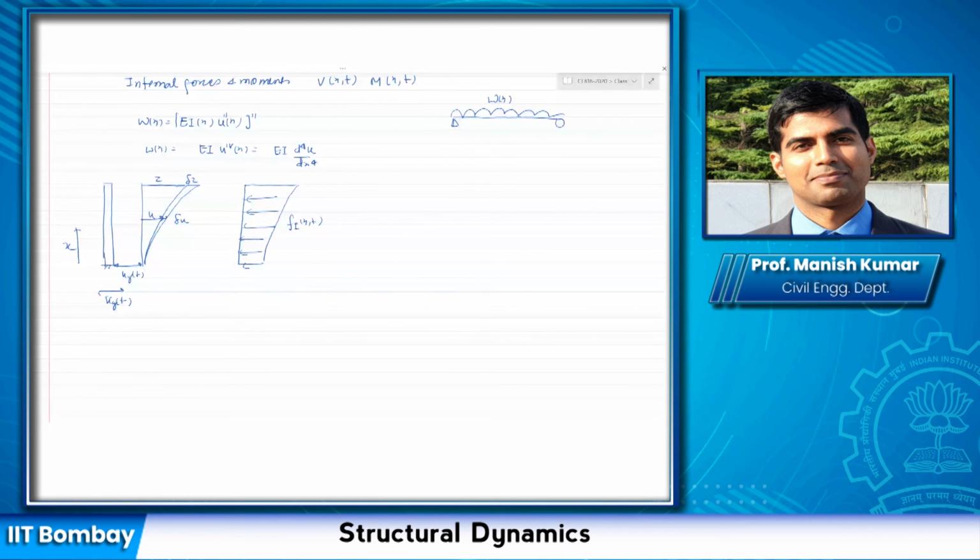This can be done because we had discussed this concept in the previous chapter, that if you have a system which is undergoing dynamic response, you can apply an equivalent static force that does not have mass in it, and do a static analysis and get the same response.